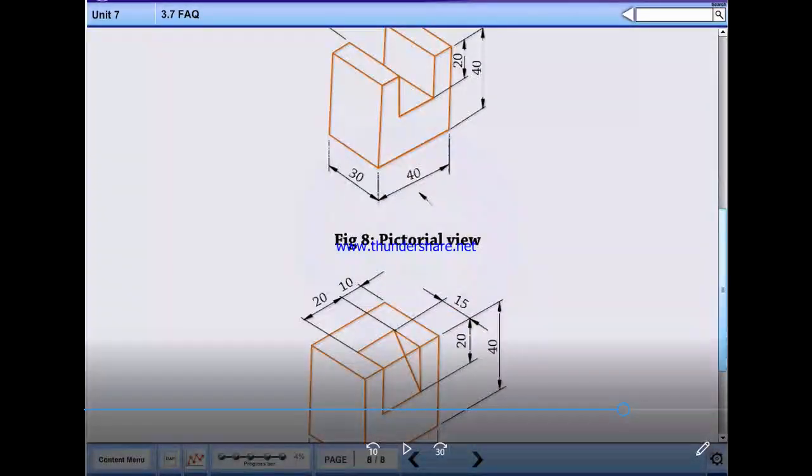Note down the given figure also, that is the pictorial view of question 9.